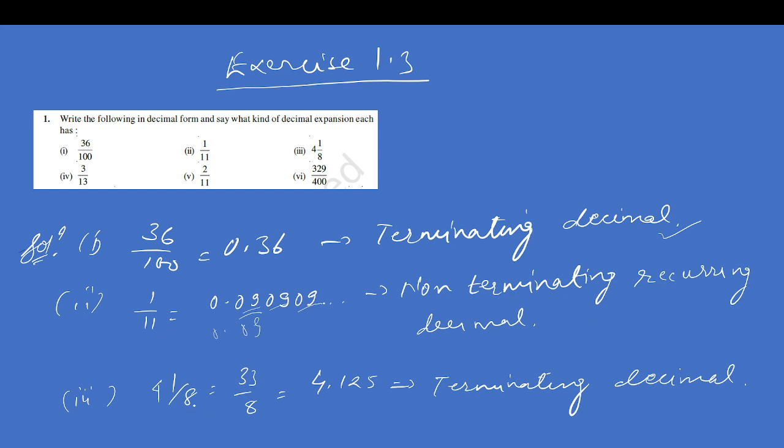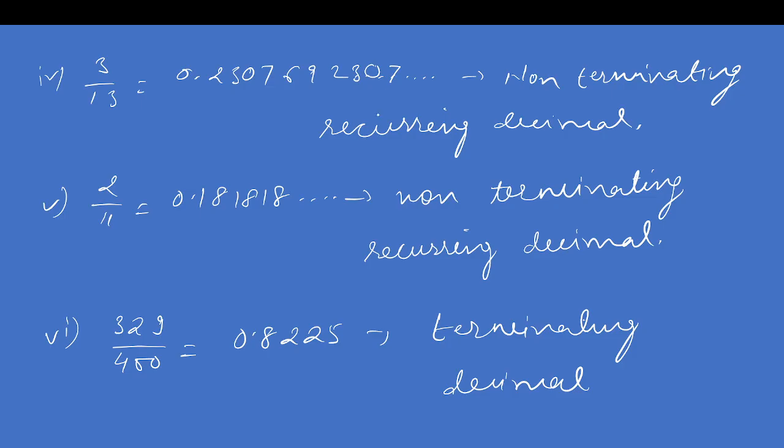33 by 8 is 4.125. This is a terminating decimal. 3 by 13: if you divide, it will come 0.230769230769, so this part will repeat. Non-terminating recurring.